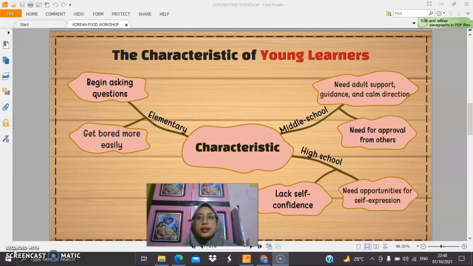They also get bored easily. If the activities are not interesting and engaging enough, young learners get bored easily.